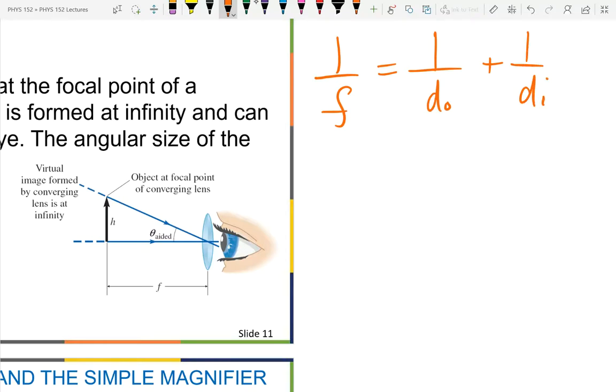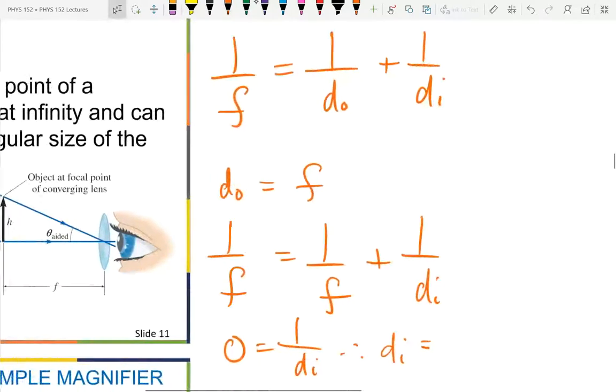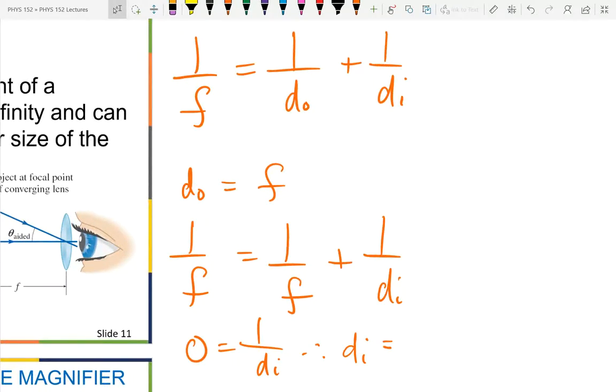And so we said, let's put the object at the focal length. So I have 1 over f equals 1 over f plus 1 over d image. What is d image in this case?